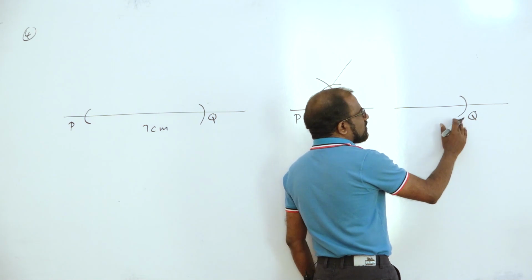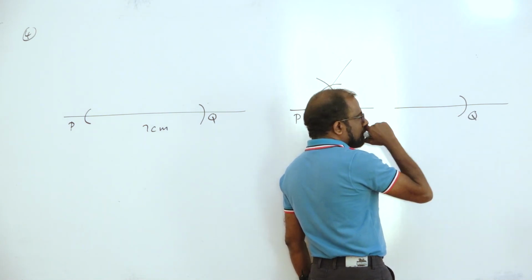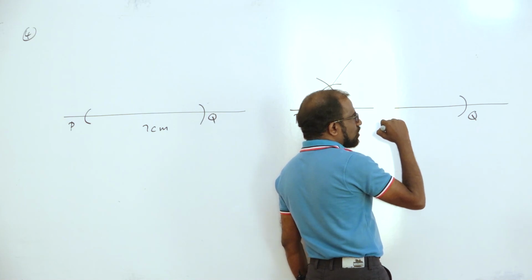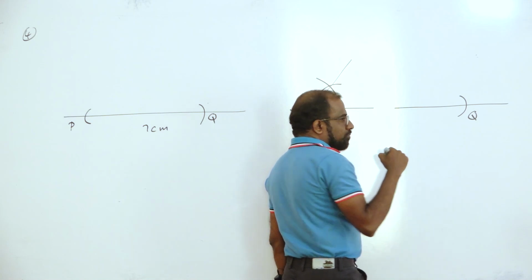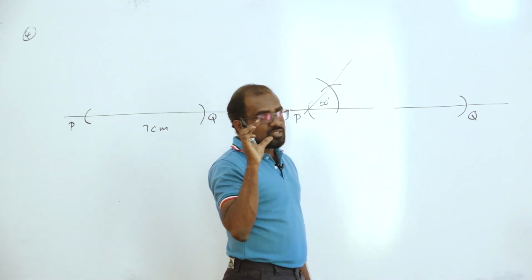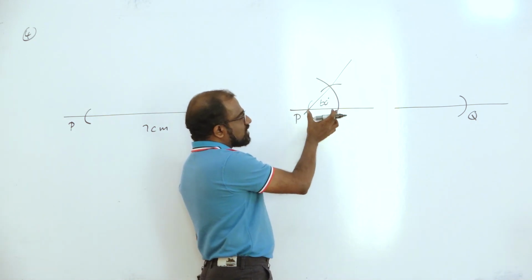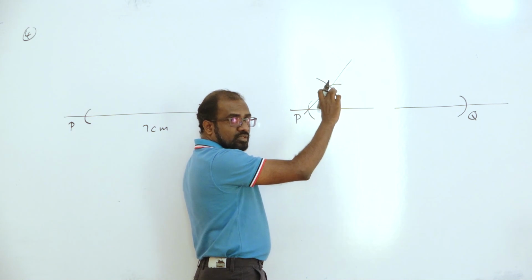First of all, we will construct what? Before the right angle, we will construct a 60-degree angle, because to construct a 60-degree angle you have to keep the same radius.